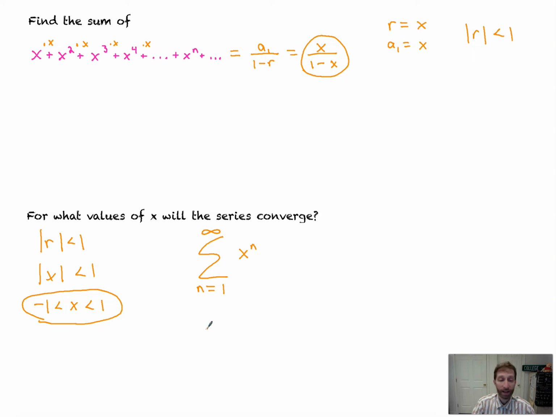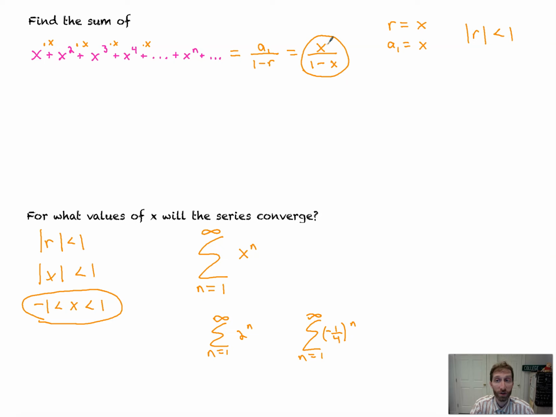Just to see that, let's say we were to pick a number from outside that interval, like 2. We right away see that this would be a diverging geometric series, with the absolute value of r being greater than 1. But if I picked something like 1/4, which is well within that interval, even negative 1/4, to the n, now all of a sudden that series is going to converge by the geometric series test.